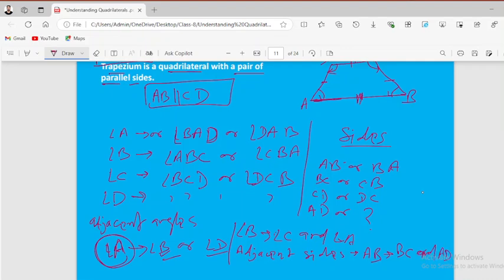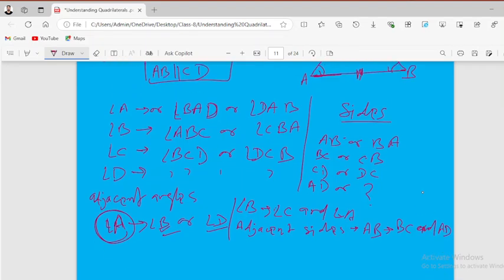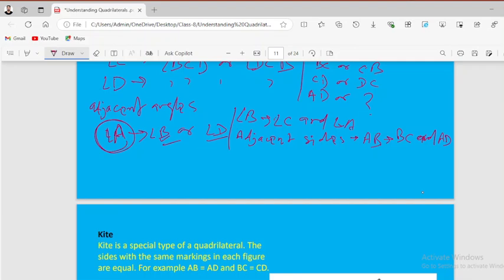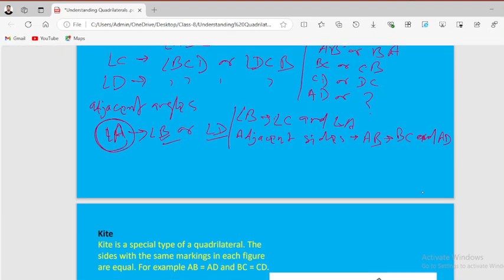In the same way, we can understand the adjacent sides of other sides and opposite angles. Angle A is opposite to angle C. These are opposite angles.